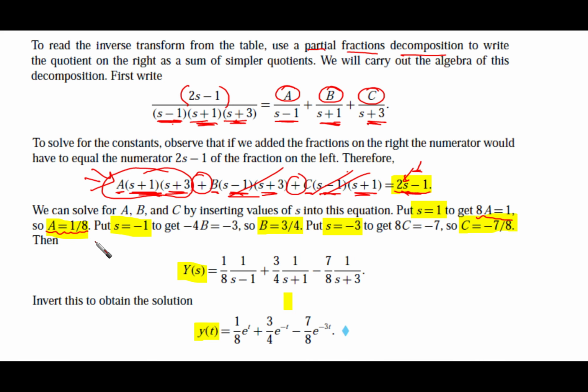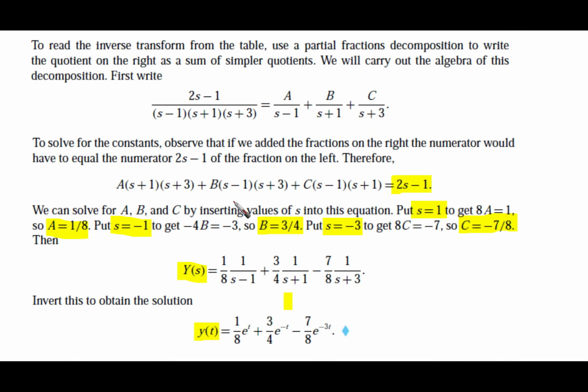Similarly, let's erase everything here. Similarly for this term, we are going to put s equals to minus 1. If we put s minus 1 here, this means that this term is going to be 0, this vanishes. And if we put s minus 1 here, this term is going to be 0, then this vanishes.